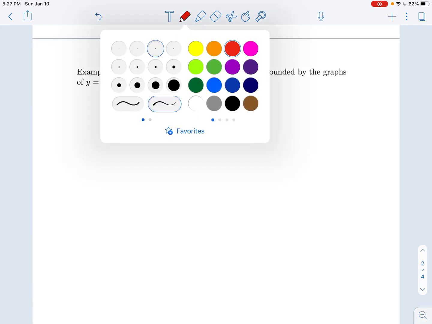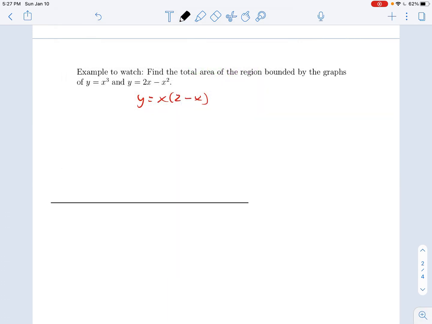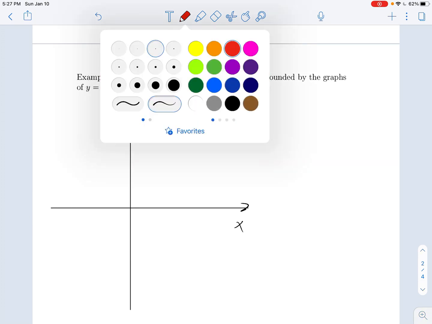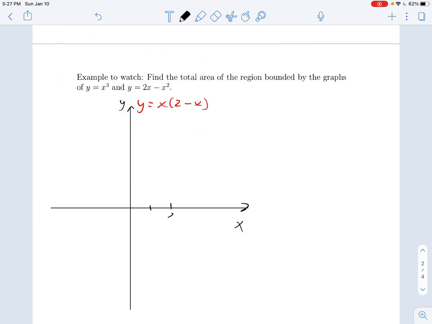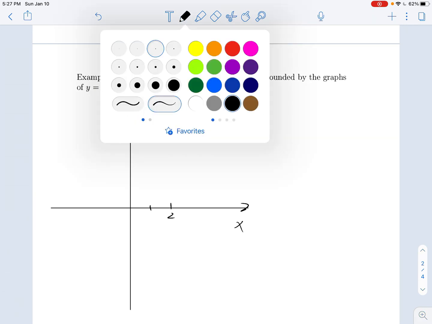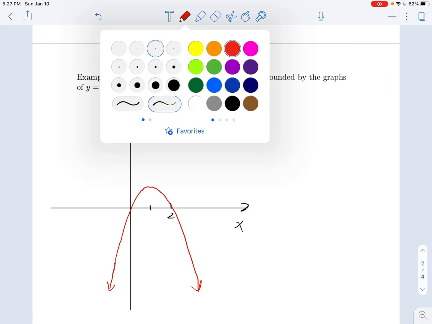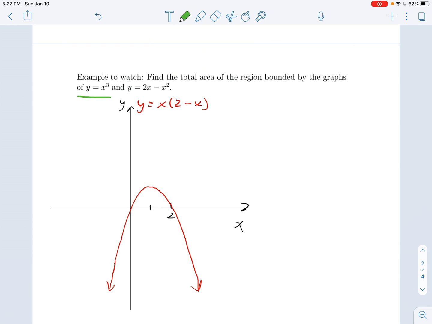So let's draw a really rough picture. So y equals 2x minus x squared. It's a downward opening parabola with x-intercepts at 0 and 2. So it's going to look something like so. Y equals x cubed.